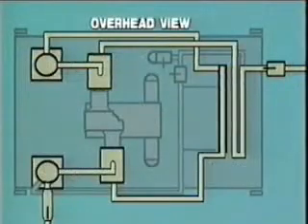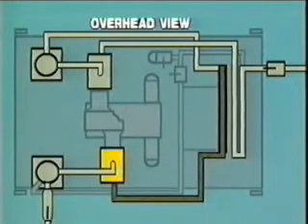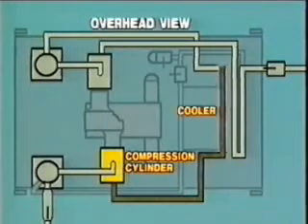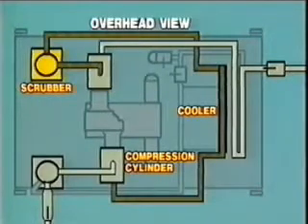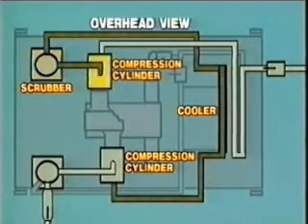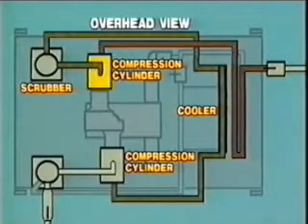In a multi-stage unit, gas is compressed from suction pressure to discharge pressure in stages. The discharged gas from the first stage of compression flows to a cooler. Before entering the second stage of compression, the gas goes through a scrubber. In the second stage, the gas pressure is further increased. This process continues until there is enough pressure for sales requirements or field applications.